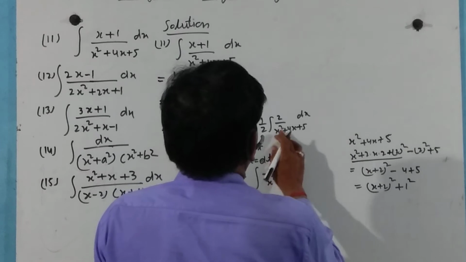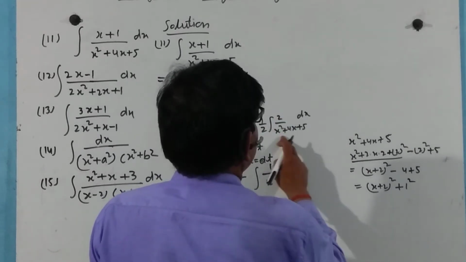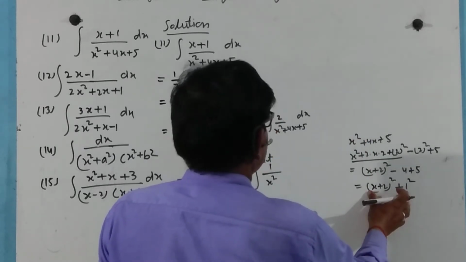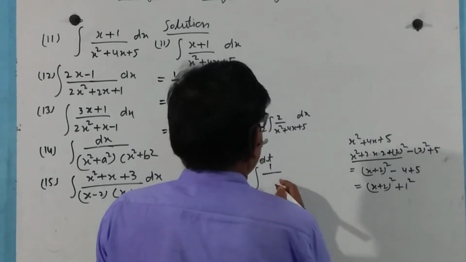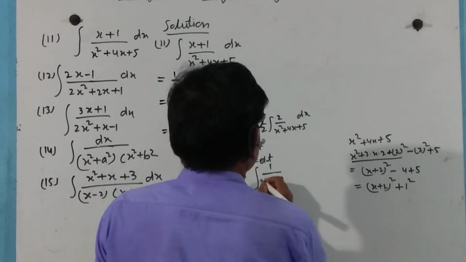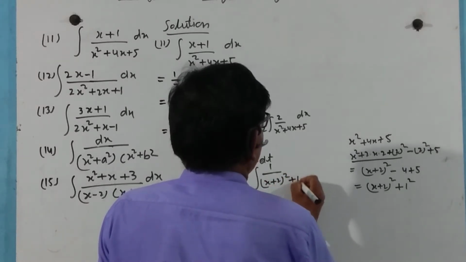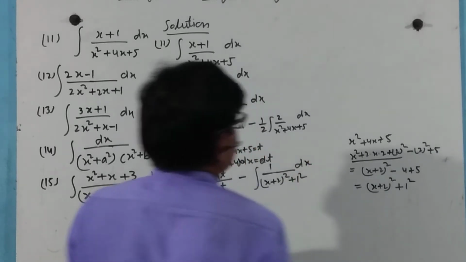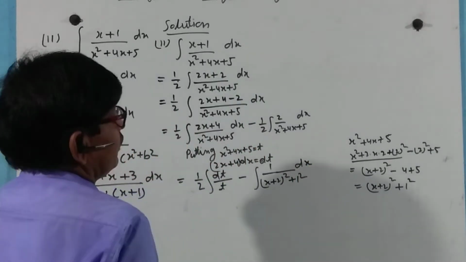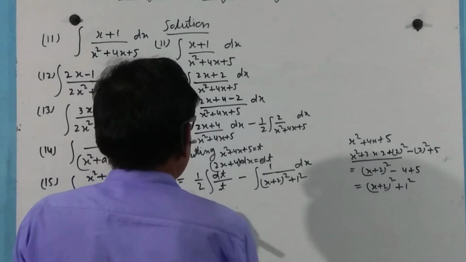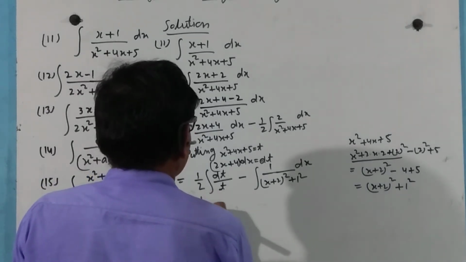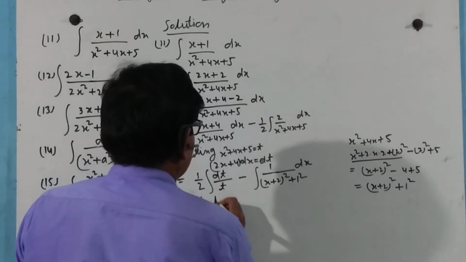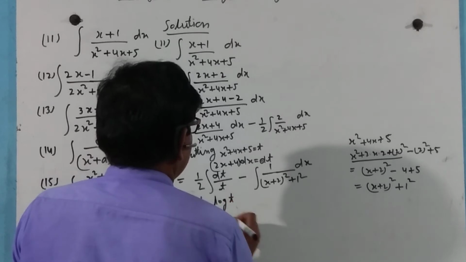Now here 2 cancels, 1 by x square plus 4x plus 5 can be written in this form: 1 by x plus 2 whole square plus 1 square dx. Now this can be written as 1 by 2 integration of 1 by t dt, which is log t.